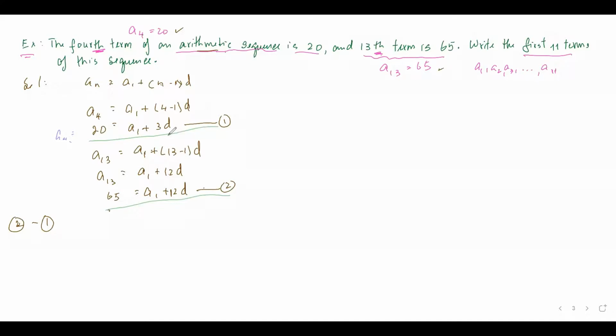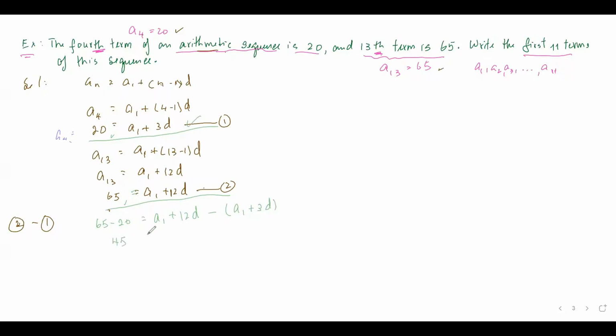So equation 2 minus equation 1. On the left side, 65 minus 20. On this side, equation 2 first: A1 plus 12D, and minus, don't forget to open the bracket, equation 1: A1 plus 3D. Now you subtract.